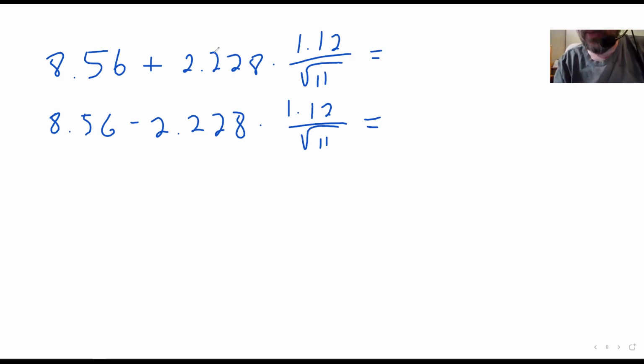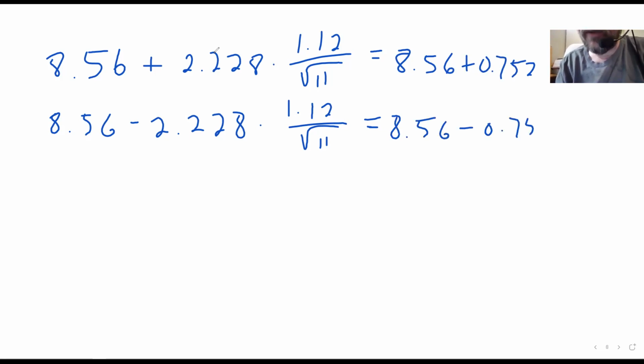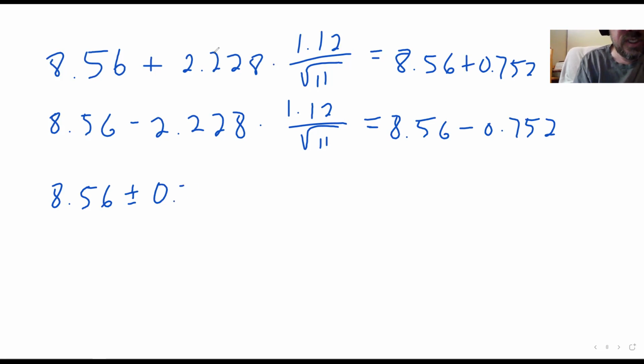Right, so this is 8.56 plus 0.752. This is 8.56 minus 0.752, which we can write in a couple of ways. It's totally fine to write your confidence intervals like this: 8.56 plus or minus 0.752.